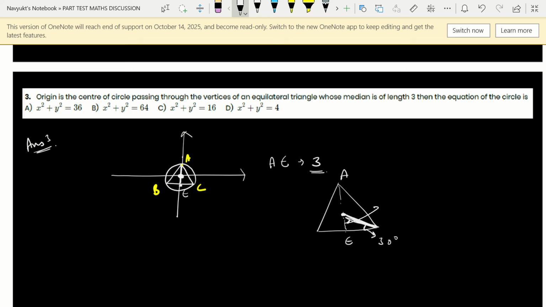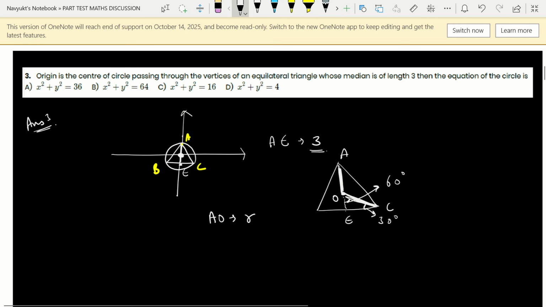This angle will become 60, right? So let's say this is O, the origin point. AO is already our radius, correct? AO is also our radius, and OC is also our radius. What another length is left, which is OE.